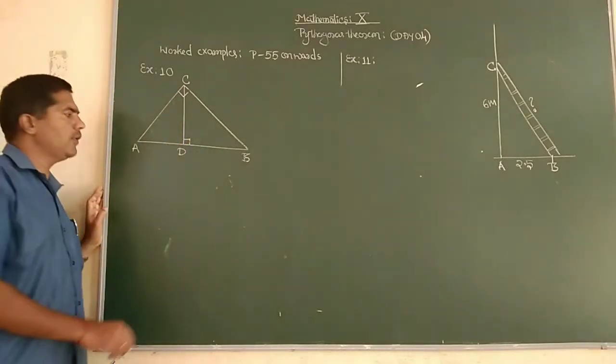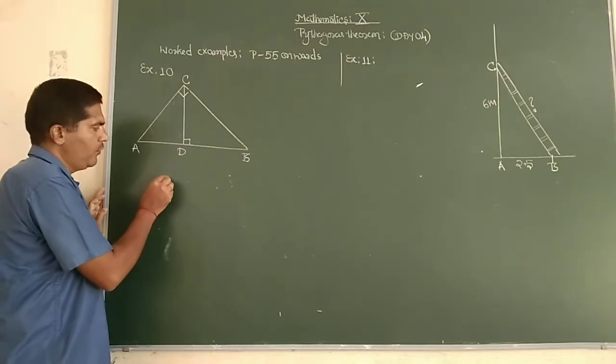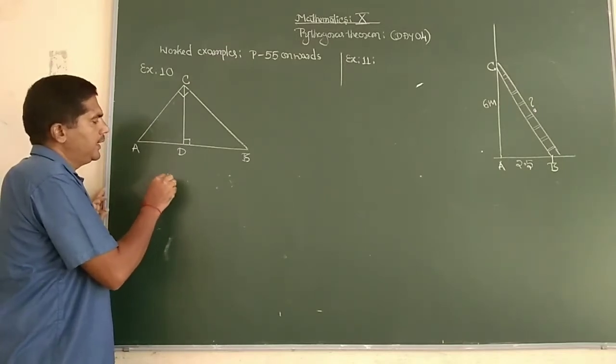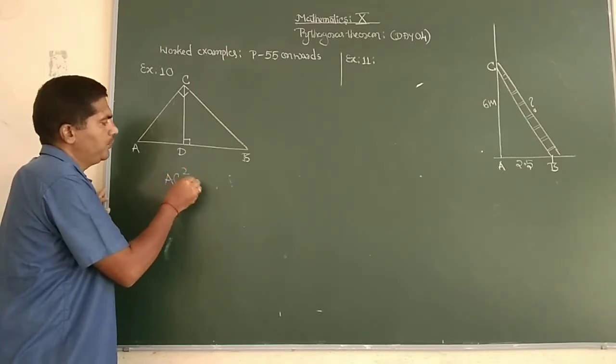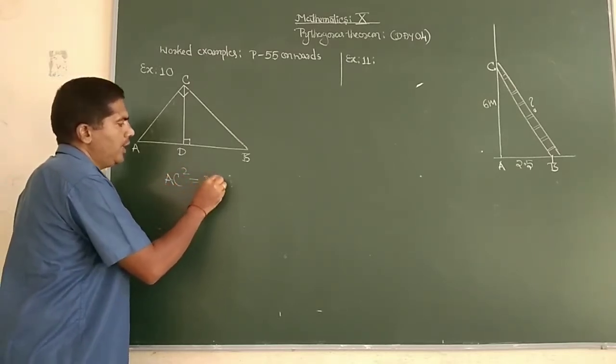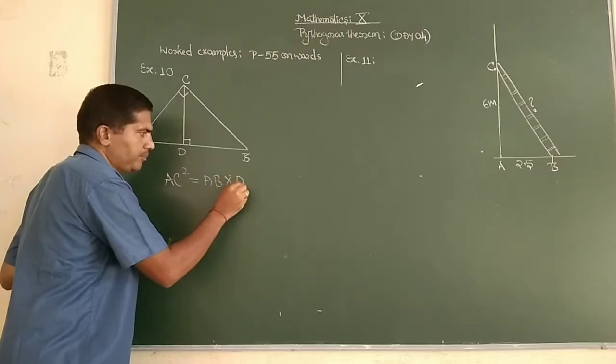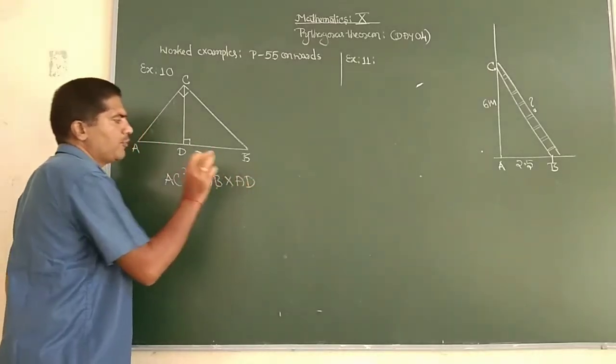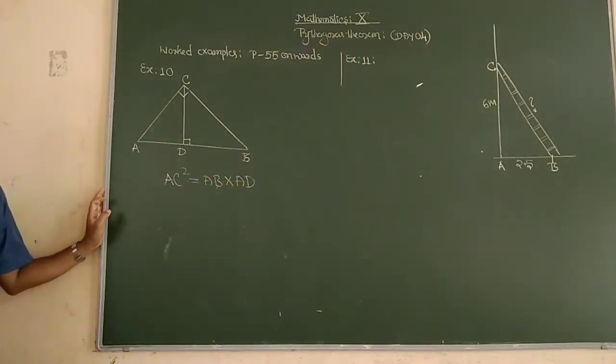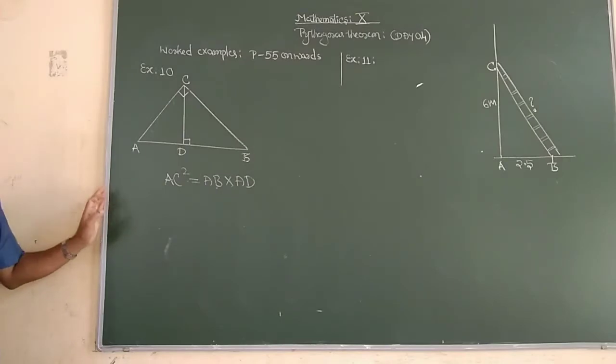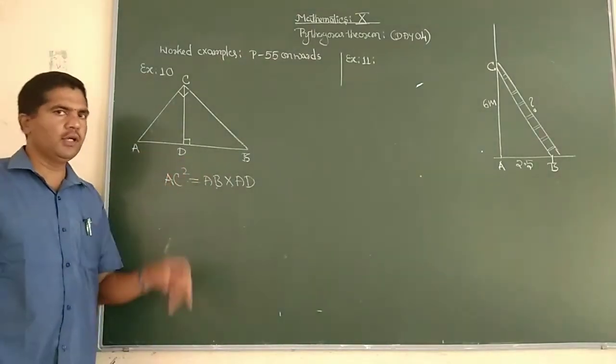Now you can write the side ratio relations like this. I can write AC square equal to AB into AD directly, where AB is the hypotenuse, for problem solving in future. How to remember?